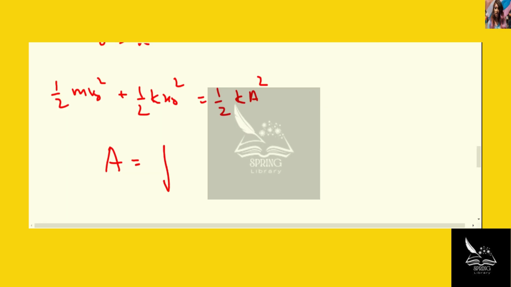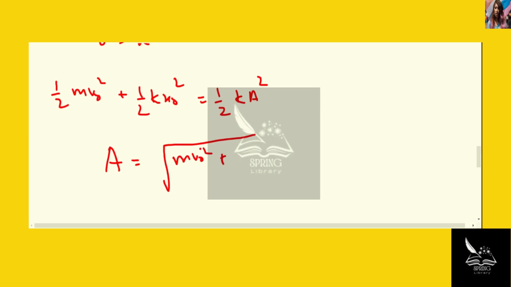Then half m v0 squared plus half k x0 squared equals half k a squared. It gives A, that is the amplitude.